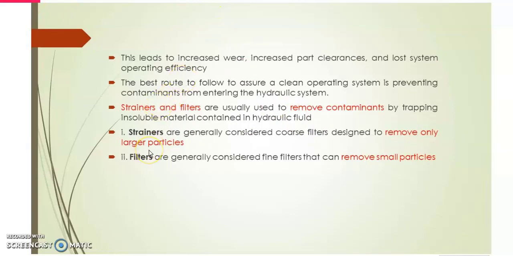Strainers are generally considered coarse filters designed to remove only the large particles. Strainers are constructed of a wire screen. They rarely contain openings less than 100 mesh. And filters are generally considered fine filters that can remove small particles.